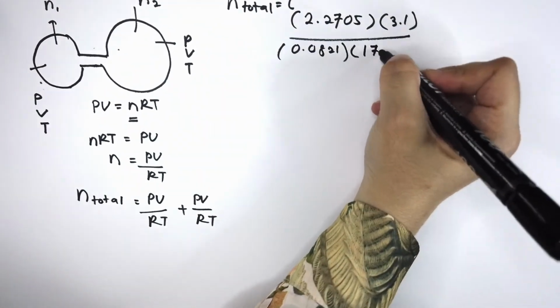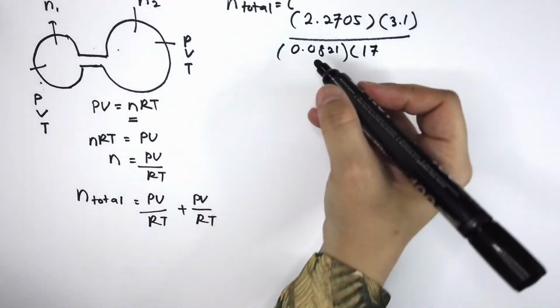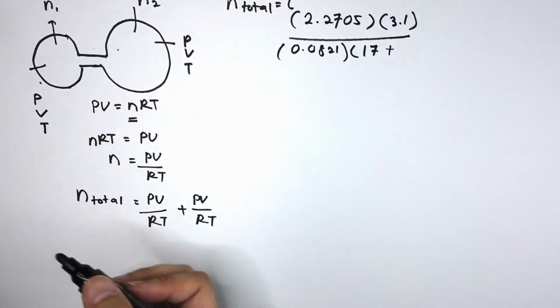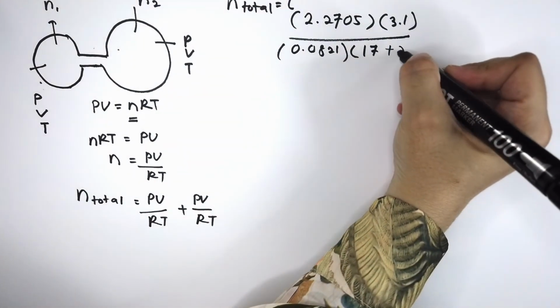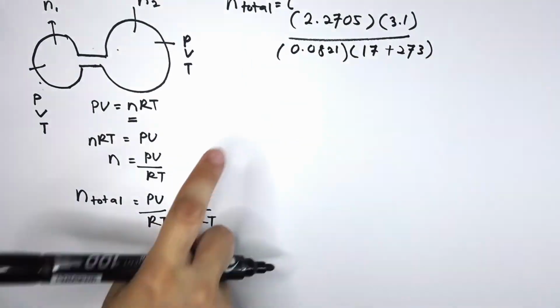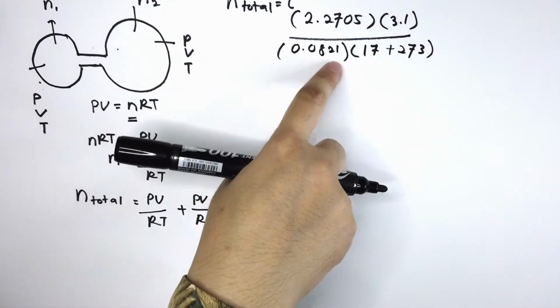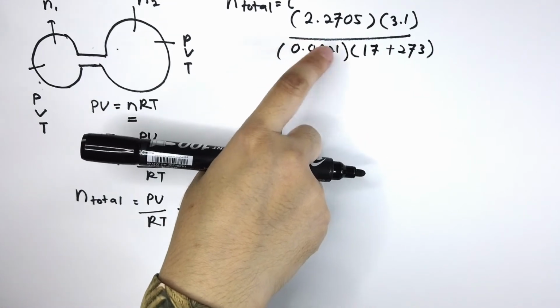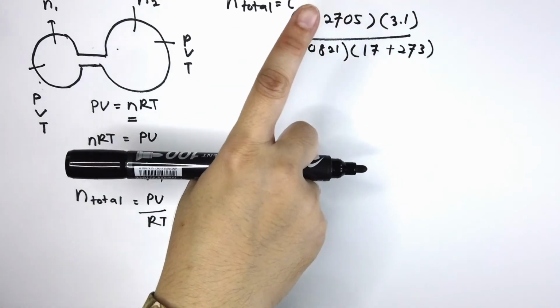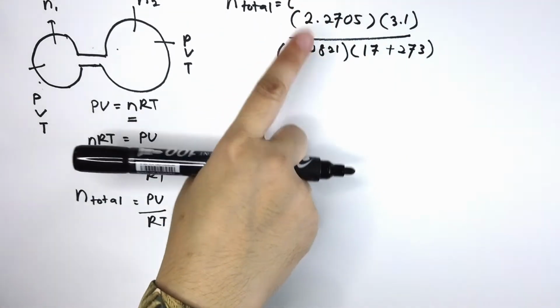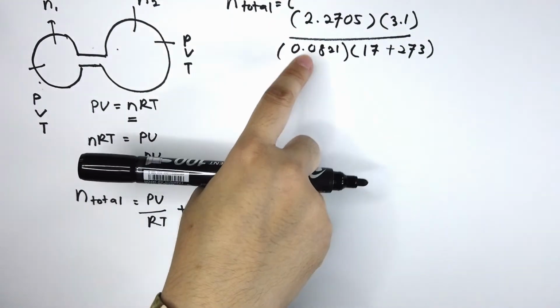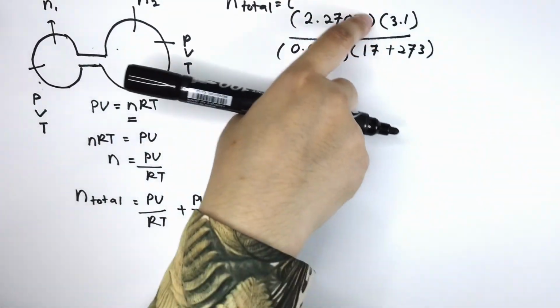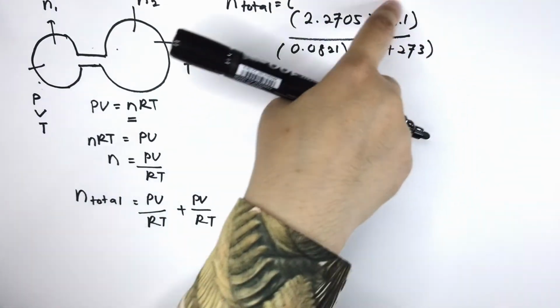The temperature here is 17, so you need to convert it by adding 273. Remember, 0.0821 is a constant value and the unit for this one is in liter, atmosphere, mole and Kelvin. So you need to make sure that the pressure, the temperature and the volume are in the correct unit.